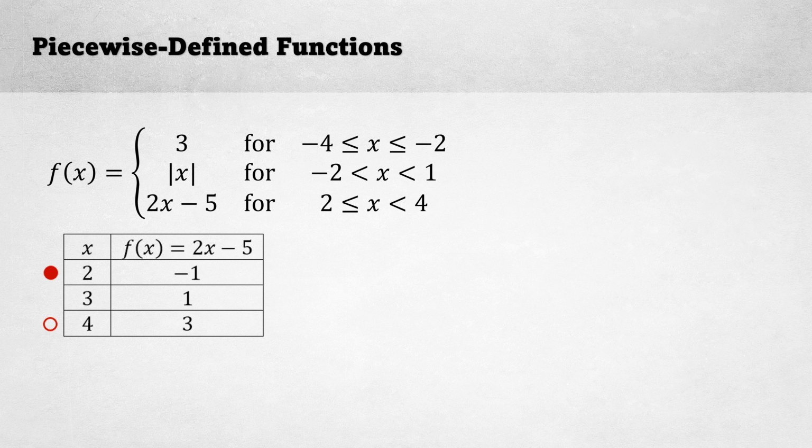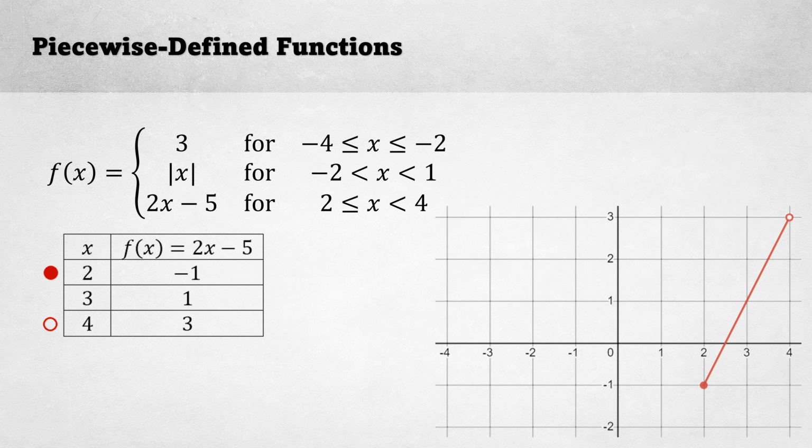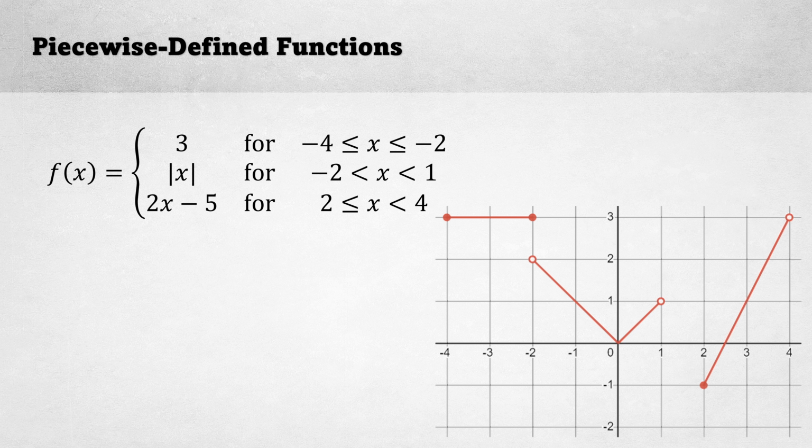I will mark point (2, -1) with a solid dot and the point (4, 3) with an open dot to remind myself of the type of dots I need to plot at each of these endpoints. Using these points, we graph the third piece on the grid. Putting these three pieces together, we have the graph of a piecewise-defined function f of x.